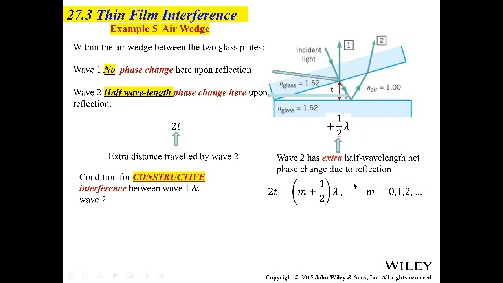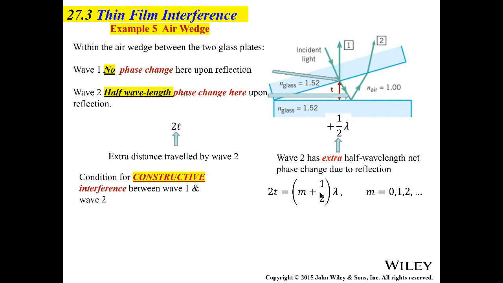This is the most important point of this whole exercise, of this example. You went 2t, and 2t was m plus a half. In other words, you traveled like 1.5 wavelengths.